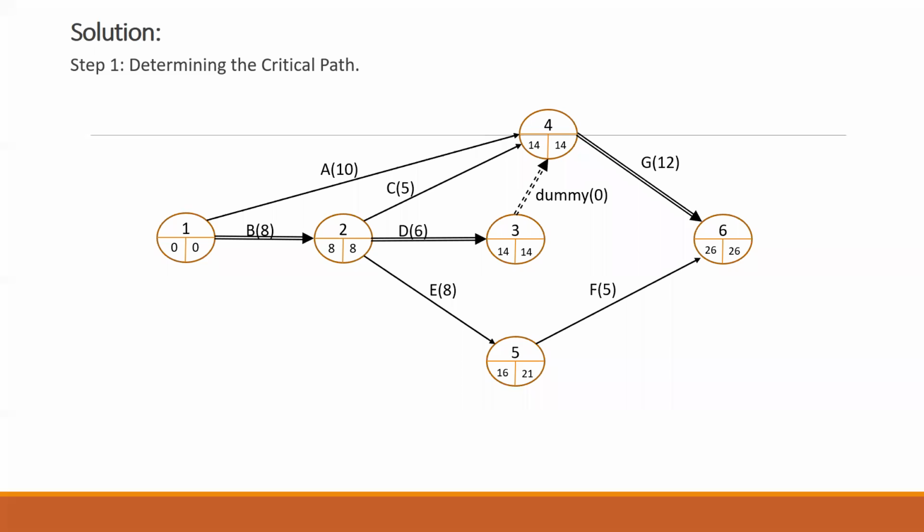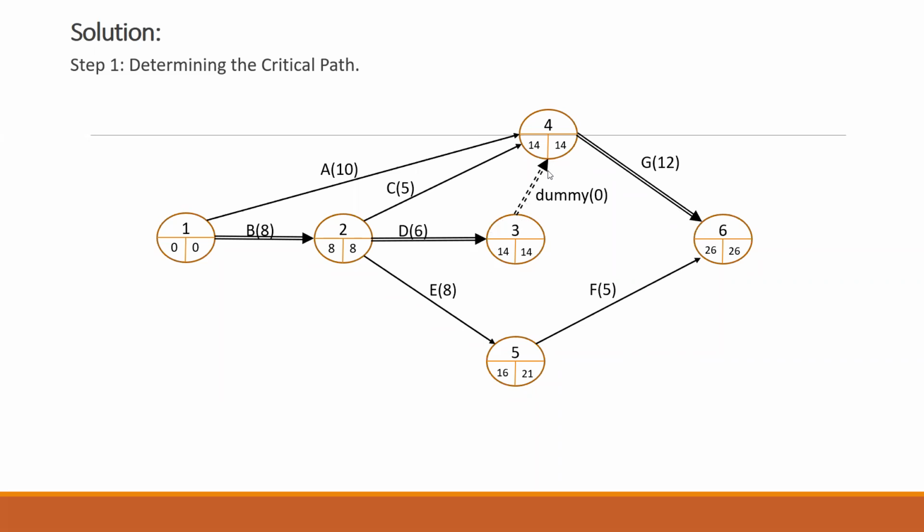As I told you, if you have two nodes, you cannot have two activities coming out of one node and merging in the same node, which is not allowed at all. To overcome that problem, we introduce another node here, and we have created this dummy activity.